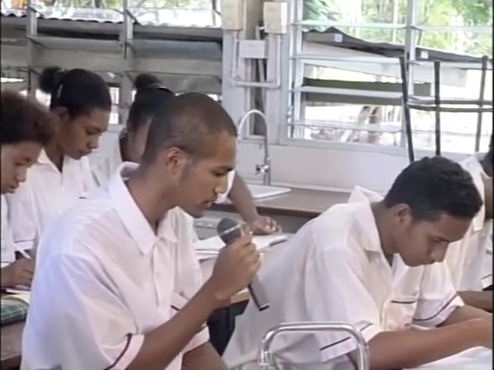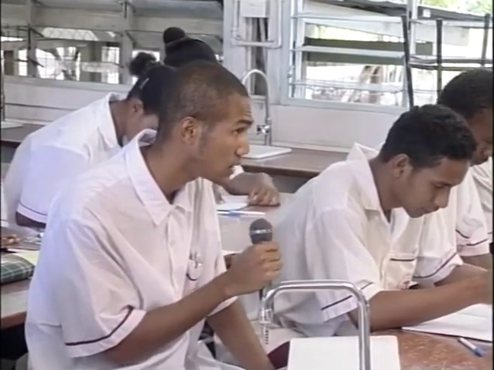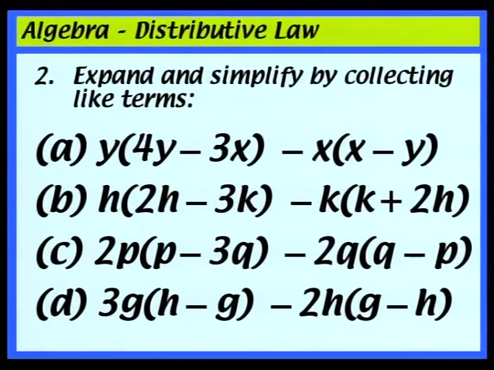Letter C, Kila? 2p squared minus 4pq minus 2q squared. Do you all hear that? All right, 2p squared minus 4pq minus 2q squared. Letter D. gh minus 3g squared plus 2h squared. Okay.